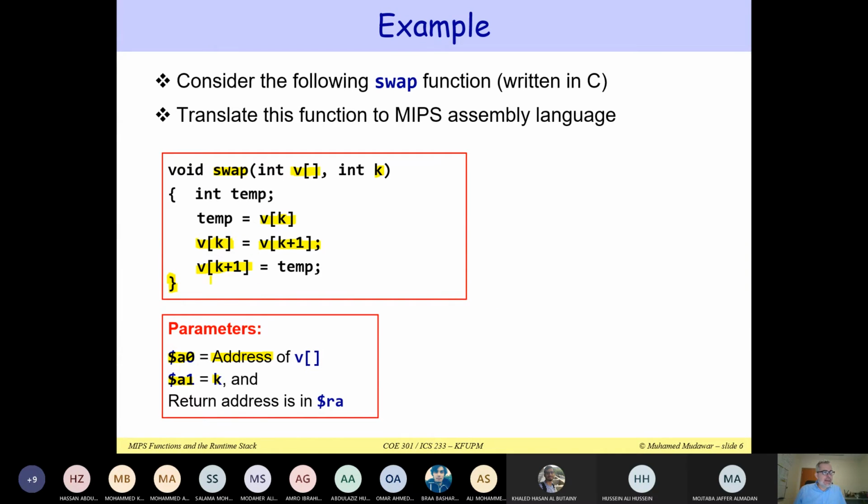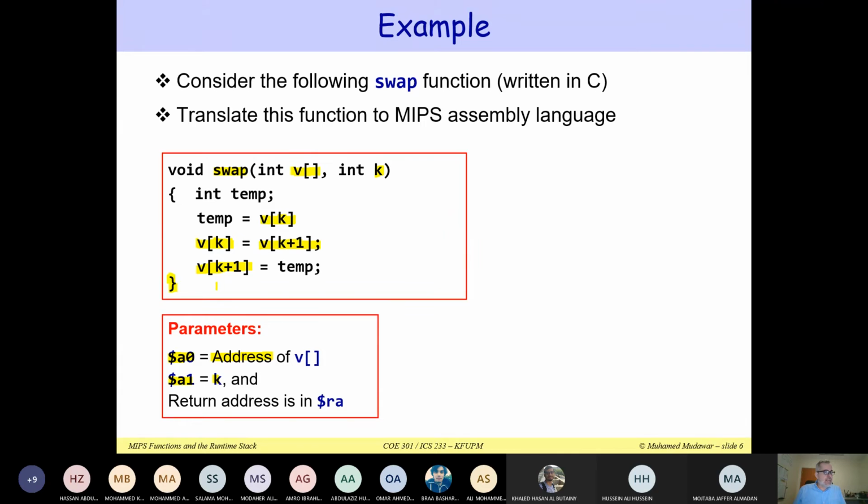Although there is no return instruction here, by default, when you finish the execution of all the instructions inside a function, you have to return back to the caller. And in order to return back to the caller, there must be an instruction that returns. So even though you are not using the return statement, by default, the function has to return.